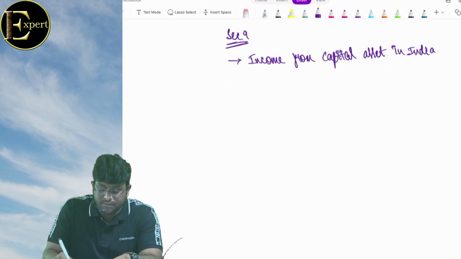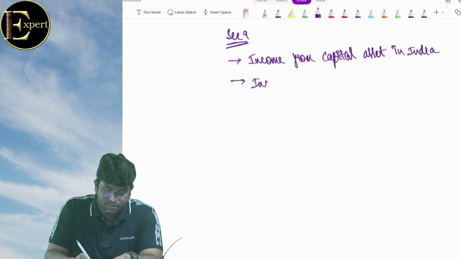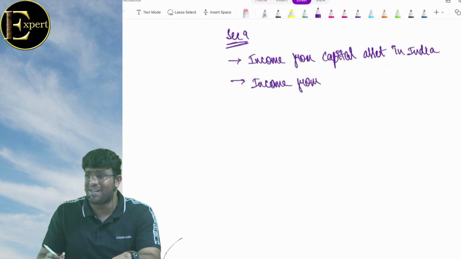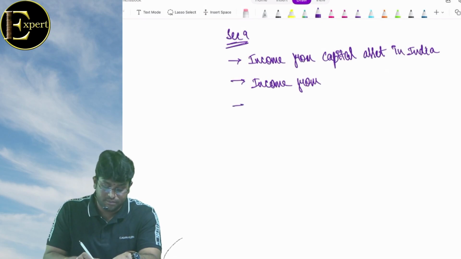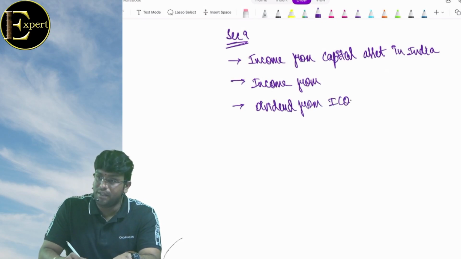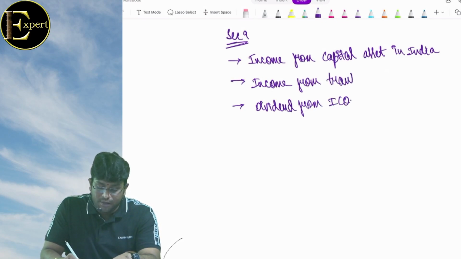Can you give an example? Properties in India, debentures of India, shares of India. Dividend from an Indian company.